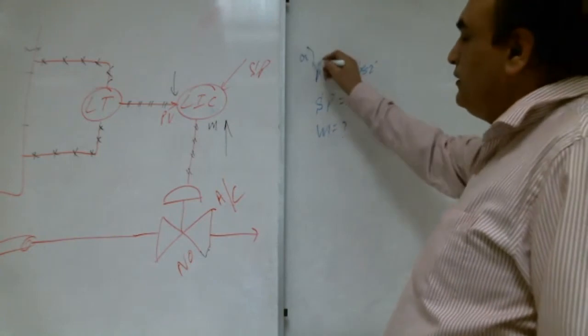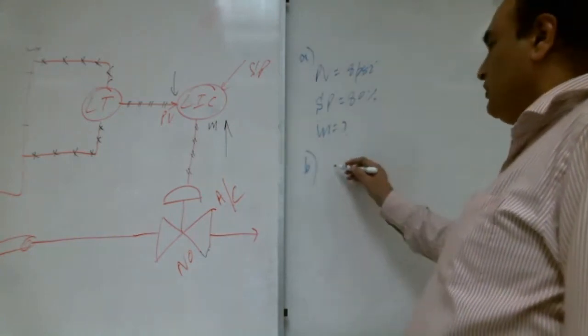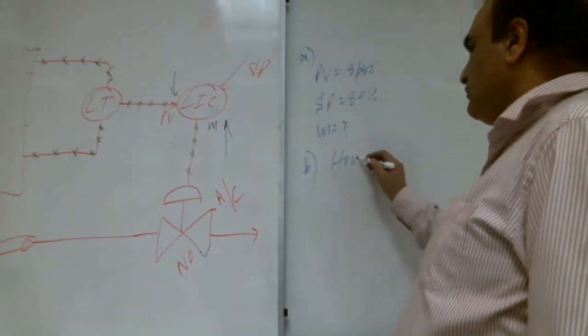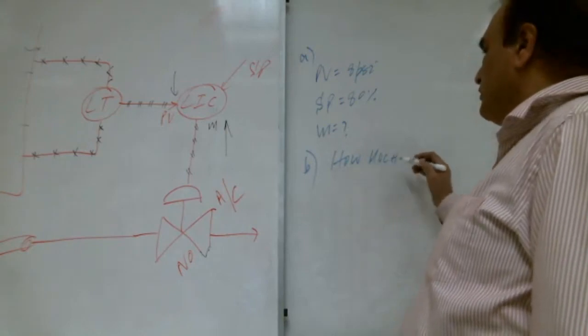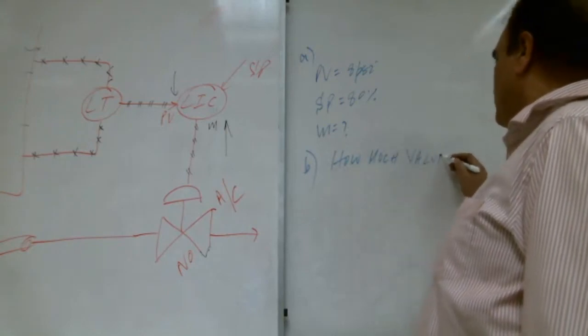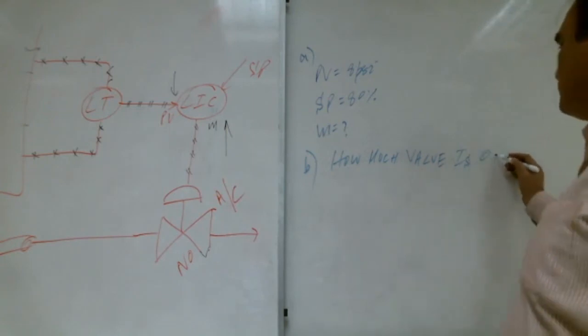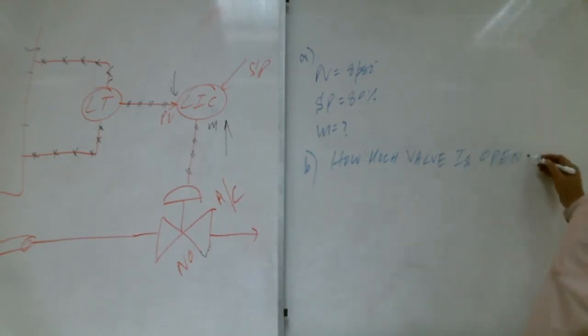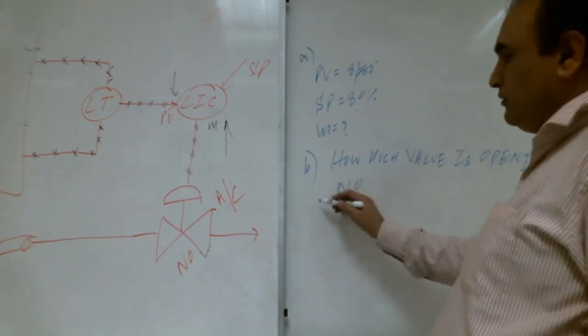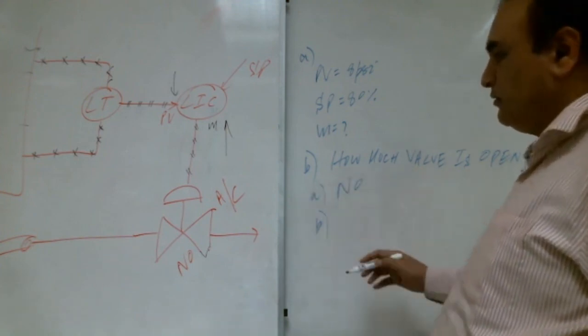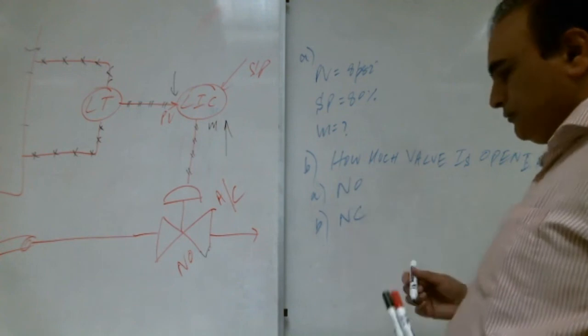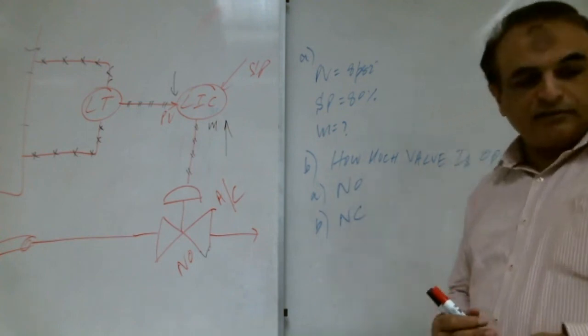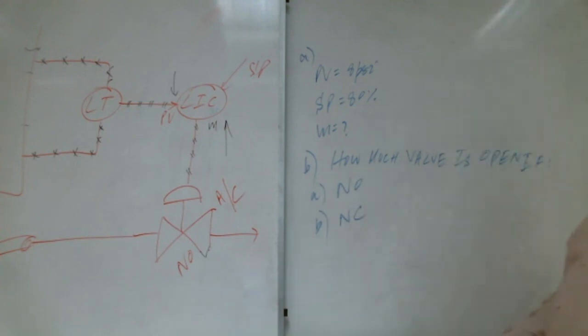Part A. Part B: how much is the valve open if it is normally open, normally closed. This type of question, a lot of times it is there. So how are we going to start this question, Shabab?